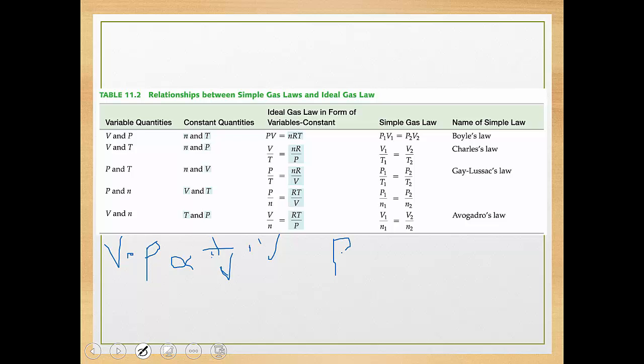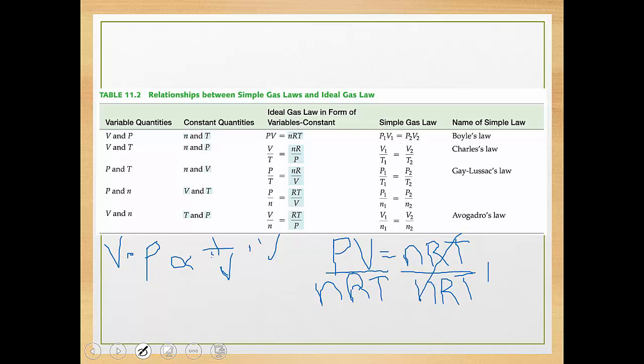So if I start with PV equals nRT, if the two sides are equal, then I should be able to divide both sides and not change the factor. So this becomes just 1, and if PV is equal to nRT, this one is also 1.